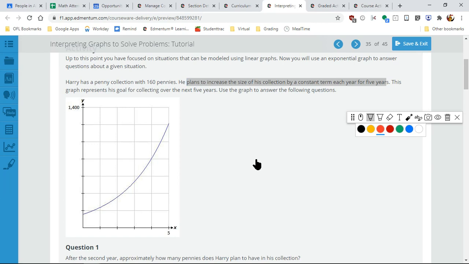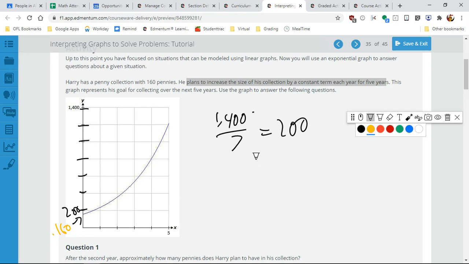Unfortunately, they didn't divide this out for us. So we have 1, 2, 3, 4, 5, 6, 7. What this tells me is it's divided evenly into 7. So if we take 1,400 divided by 7, each one of these lines should be 200. And that makes sense because at the beginning he has 160.